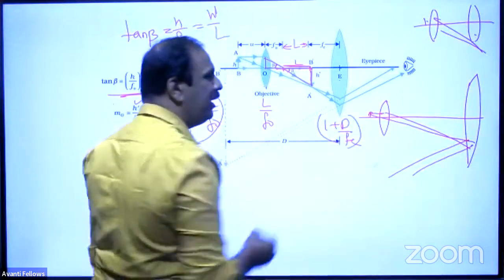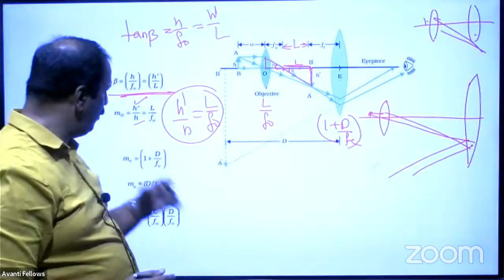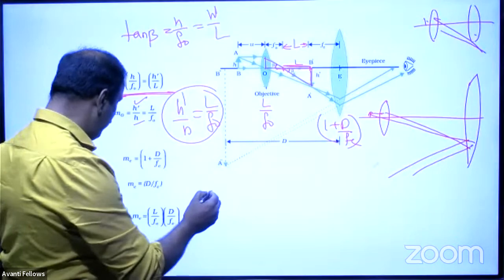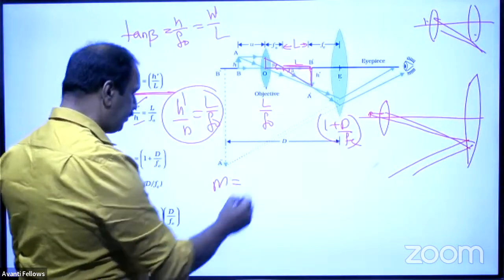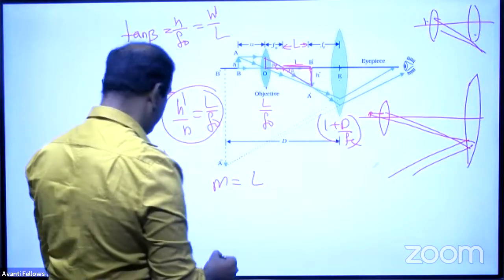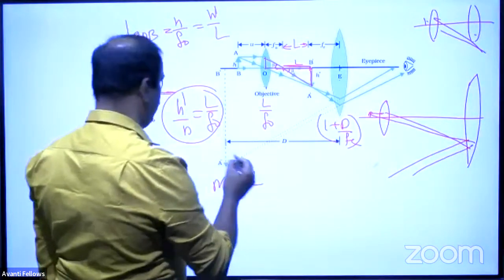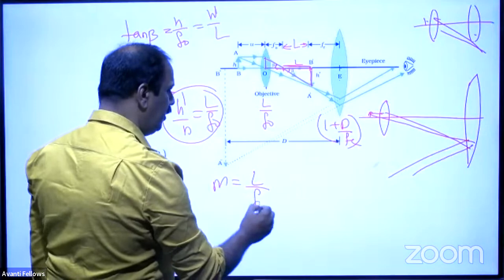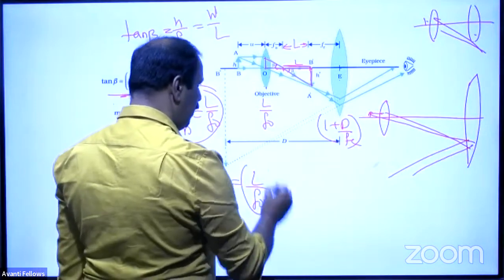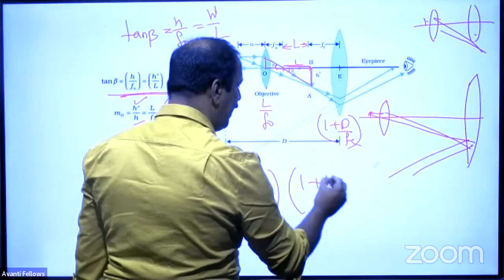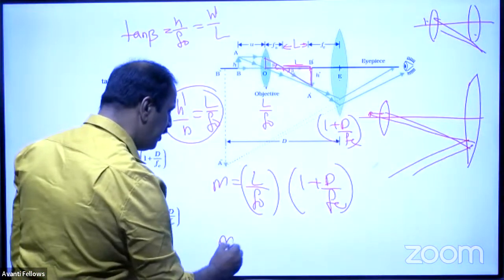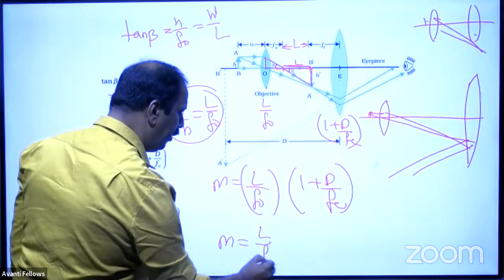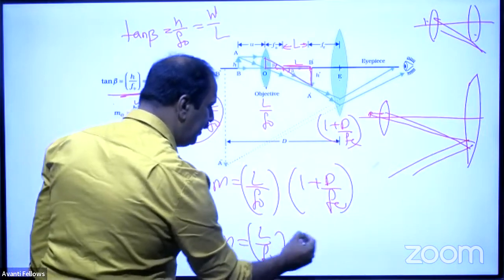Now, what is the total magnification when you have two lenses? You have to multiply them. So the total magnification is given by M is equal to L by FO into 1 plus D by FE, or the magnification is equal to L by FO into D by FE.